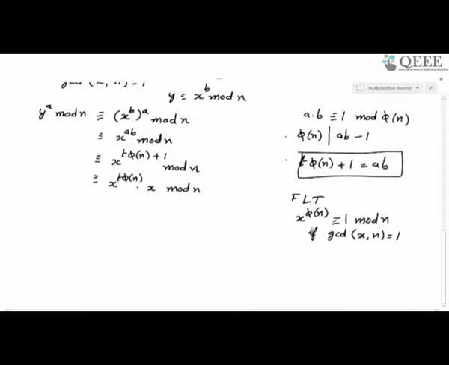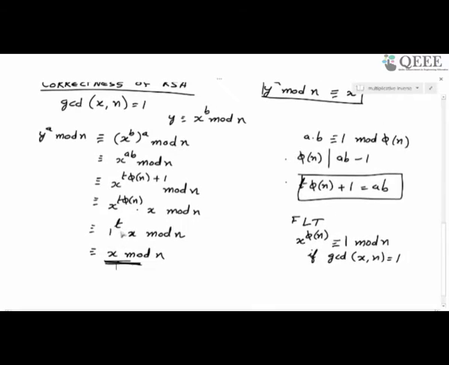So from here we can get that this is congruent to 1 to the power of t into x mod n, and this is nothing but x mod n. So you see that if you take the ciphertext y, raise it to the power of a mod n, where a is the private key, you will eventually get back the original message x. That is, under the assumption that the GCD of x comma n is equal to 1, that is x and n are co-prime to each other.